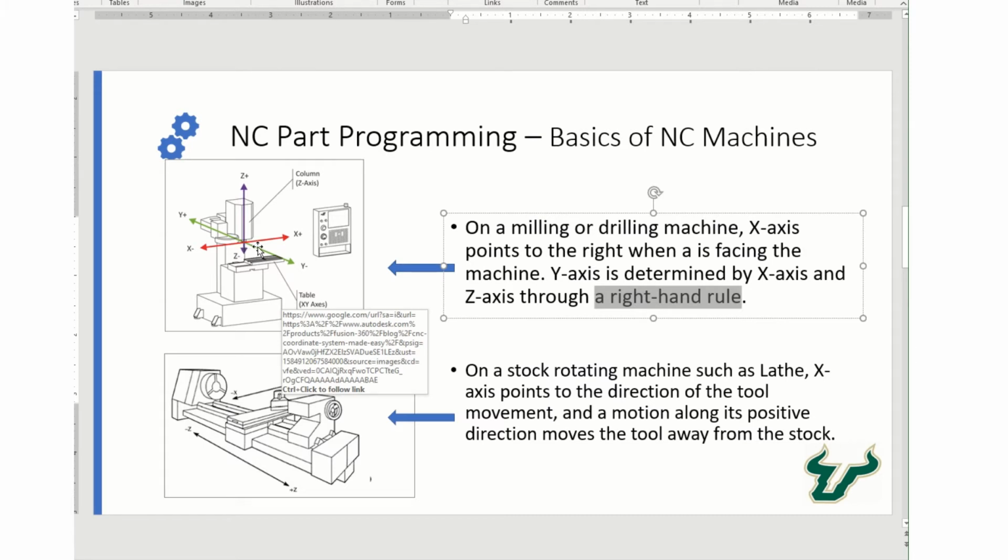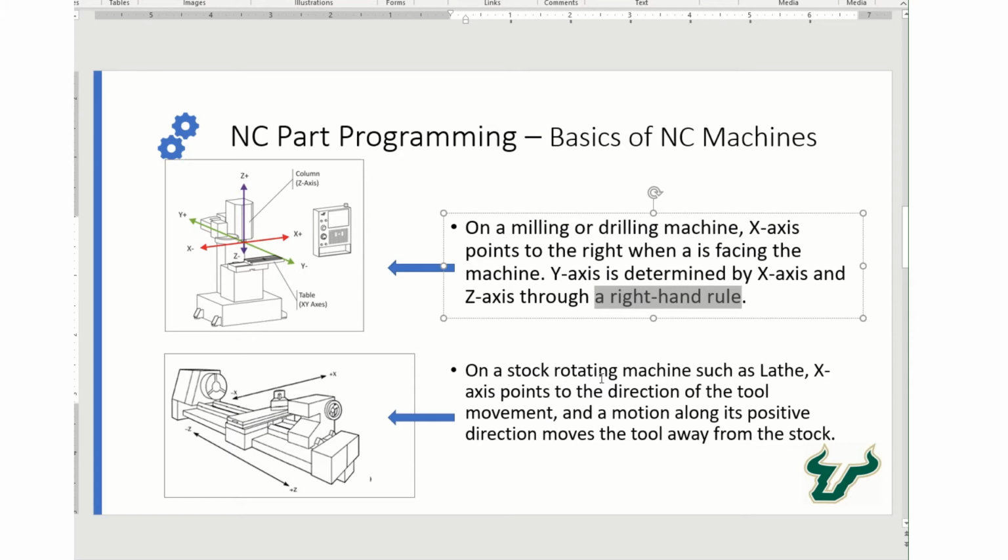And then based on that, the y direction can be figured out using the right-hand thumb rule. If the thumb is pointing towards the x-axis direction, and the z-axis direction is up, then obviously the y direction can be found from that.